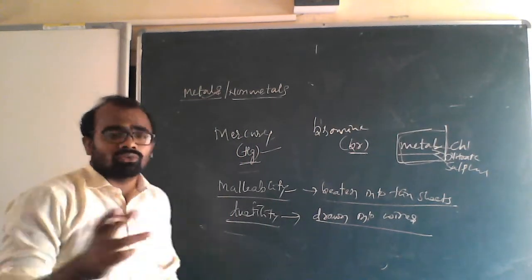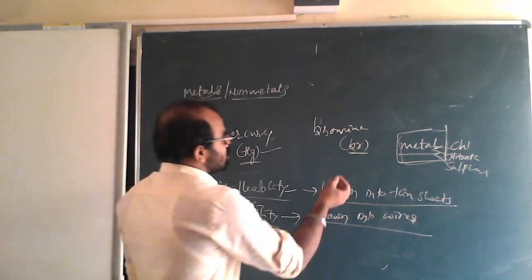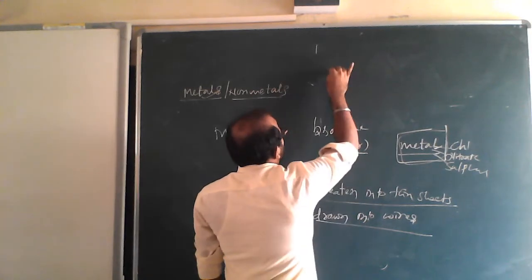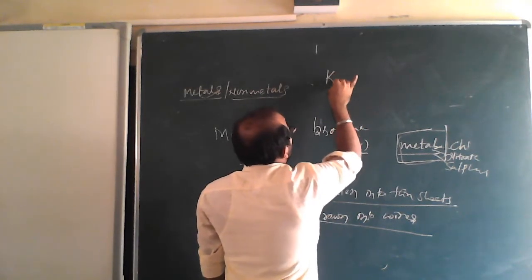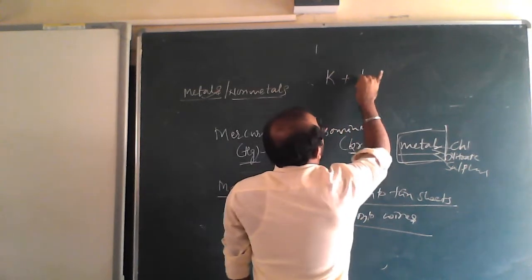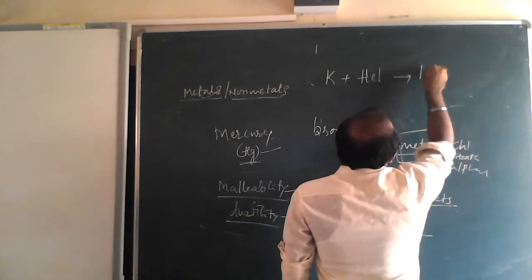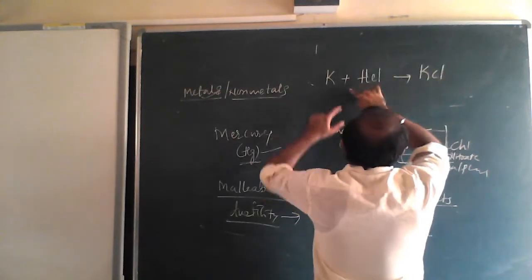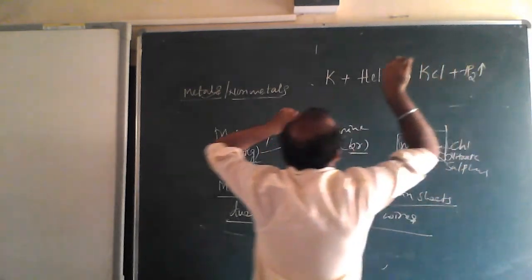So the next reaction is the reaction with acids. Suppose you take K plus HCl. What is produced? One salt, KCl, plus H2 is released.